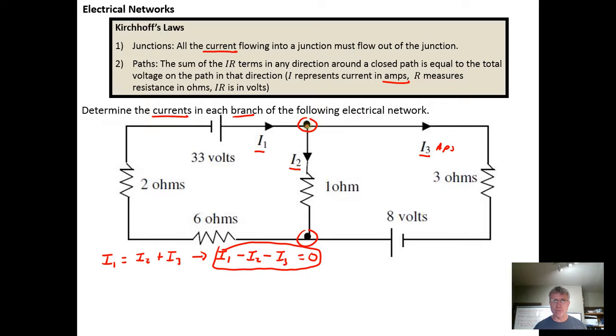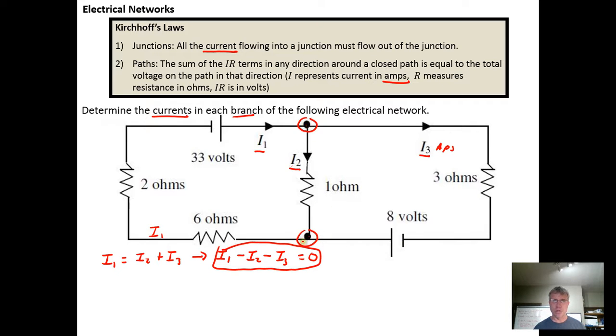I sub 1 represents the current starting here at this junction, moving all along this wire, so everywhere this is I sub 1. I sub 2 represents the current through this wire, and I sub 3 represents the current moving through this particular wire.